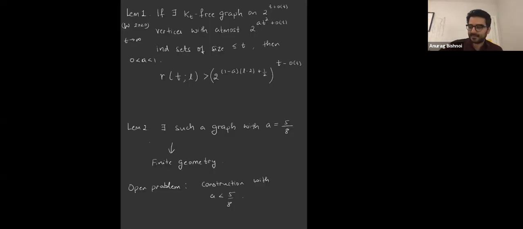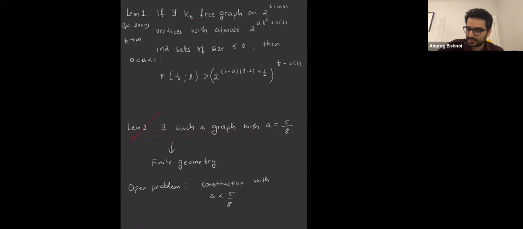As I said in the beginning, there are two parts to the main result that we want to prove, right? The existence of a nice graph, which doesn't have too many independent sets of size t and is also KT free. And this is what we have shown. So this is done.